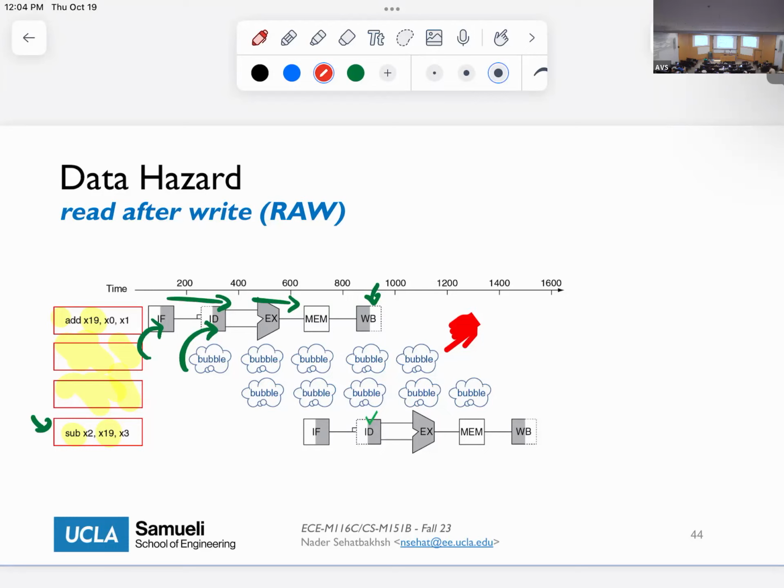Write after read and write after write, we said that essentially as long as your system is in order, that you guarantee that instructions are going to be executed in order, then we are good and there's nothing to be worried about. It's a problem that we're going to later revisit when we are talking about out of order processors. So the only thing that we need to be worried about was this read after write thing.